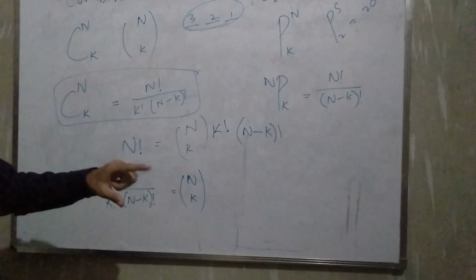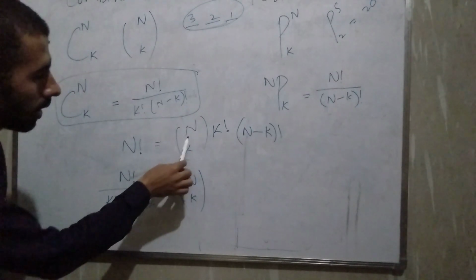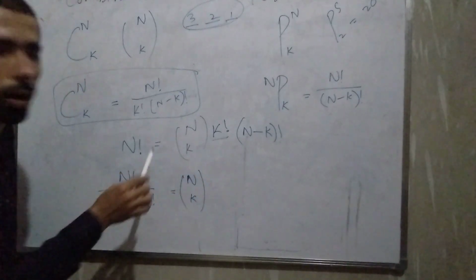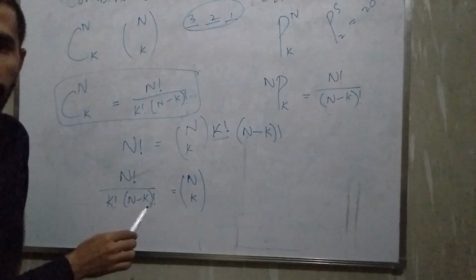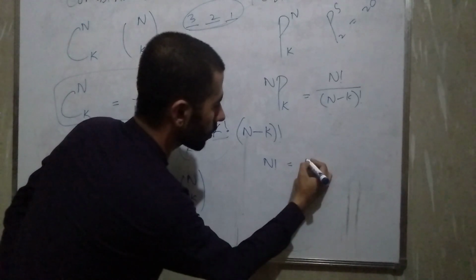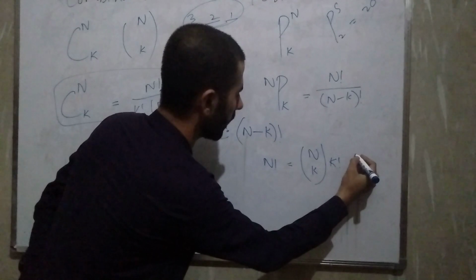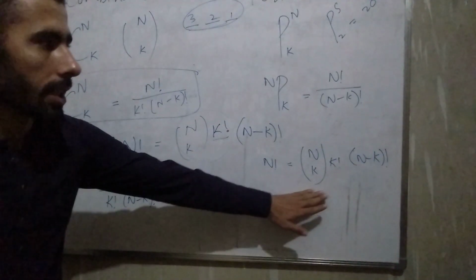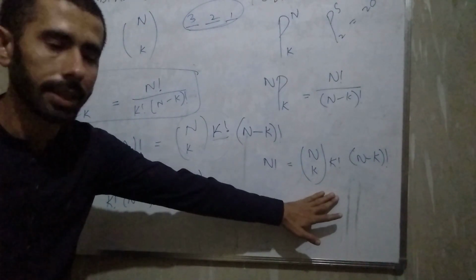Similarly, as we discussed earlier, when we choose k things out of n things and then arrange them all, this becomes the permutation of k things out of n things. So I can write the same thing like n factorial equals n choose k times k factorial times n minus k factorial. I can replace n choose k times k factorial by the permutation of n taking k at a time.